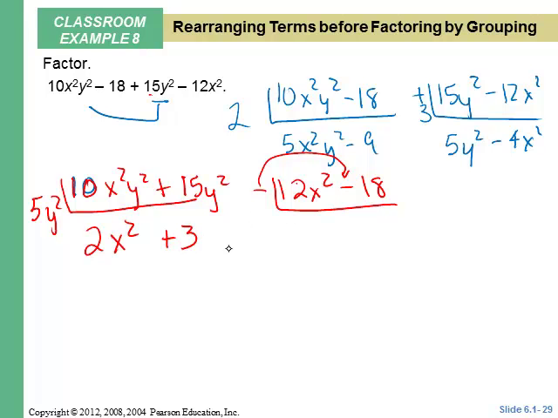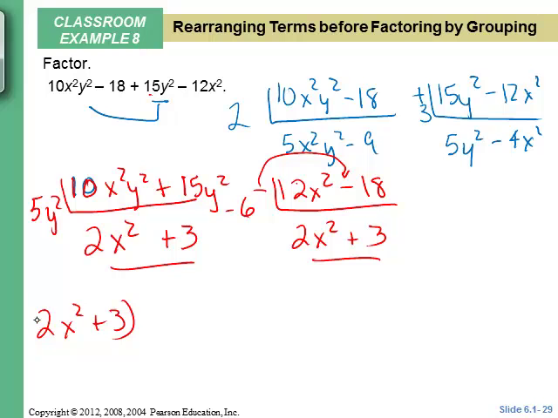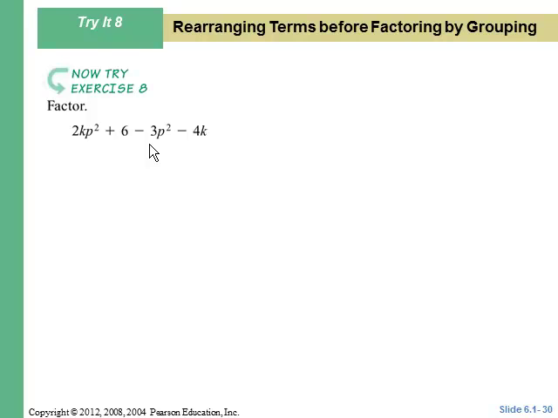Factor a negative 6 out of these two, and we're left with 2x squared plus 3. Now we've got our common term, 2x squared plus 3, and we're left with 5y squared minus 6. So when you see these two common terms, make sure you get them next to each other.